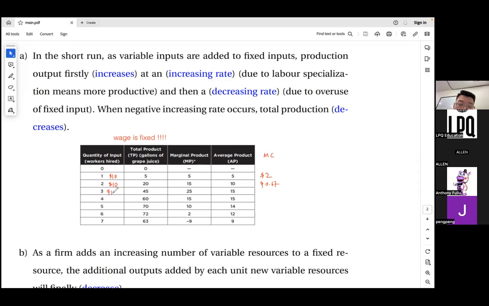For the third unit of labor, you still pay 10, but this time you do 10 divided by 25, and you see the marginal cost has been lowered to just 14 cents. So when MP increases, because the wage rate is fixed here, the MC decreases, from 2 to only 40 cents.